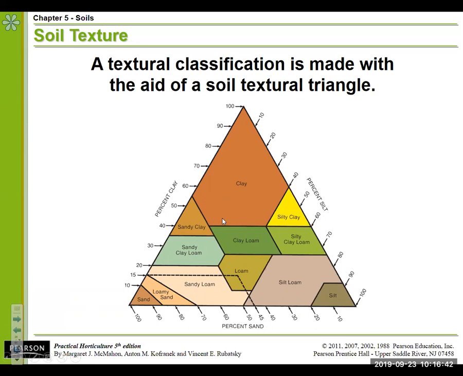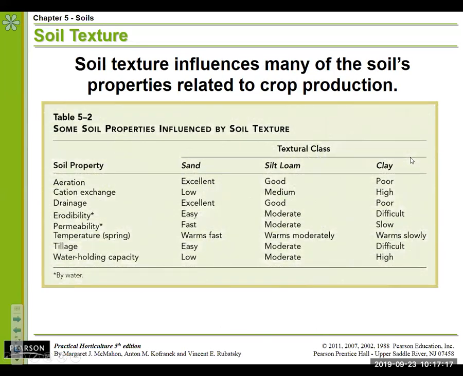For the most productive agricultural soils, we think of loamy soils, kind of here in the lower center, where we have more of an even mix of sand, silt, and clay. The higher we get in the percentage of clay, the more clay the soil becomes, right? So this is basically just saying, what are the textural components of the soil and how does that work to create the different factors that lead to crop productivity.